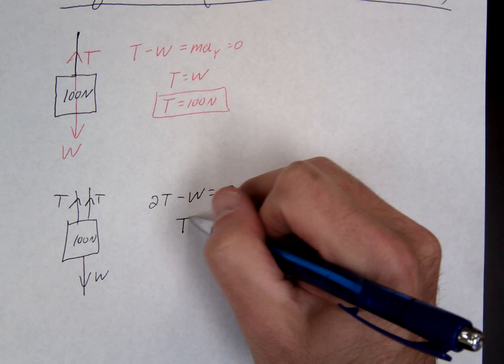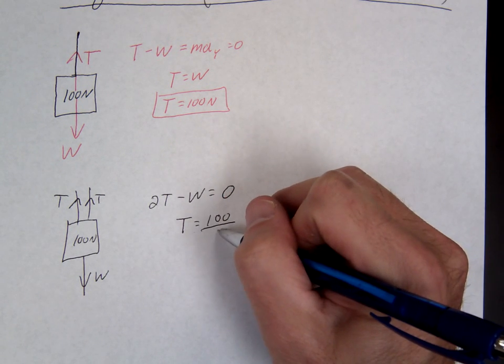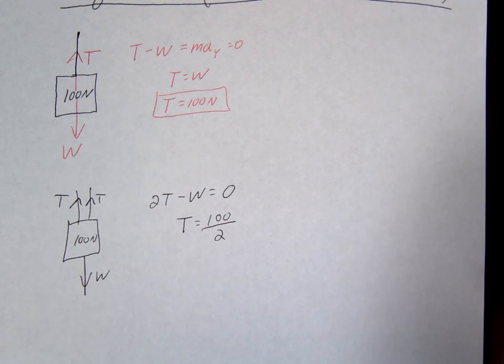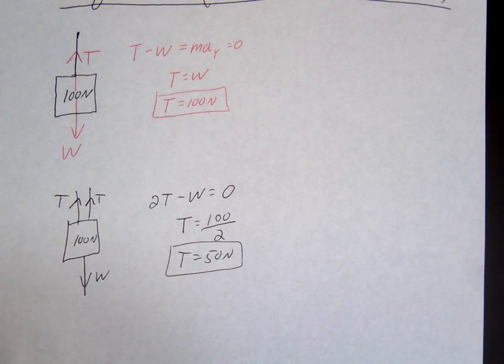So what should be true about the tension? It should equal half the weight. It should make sense. It's almost obvious: if it's 100 pulling down, each string is going to have to pull up 50 and 50 going up.